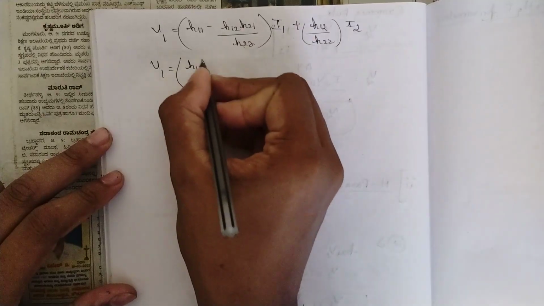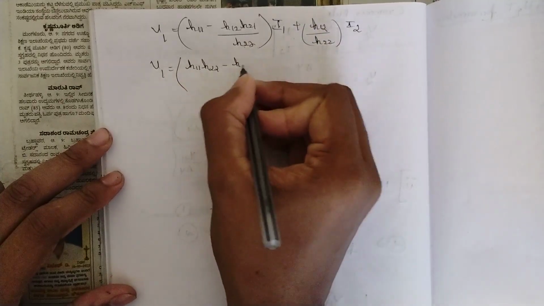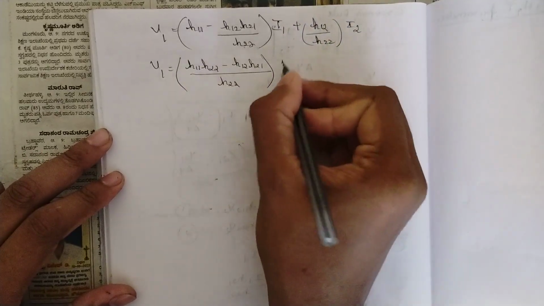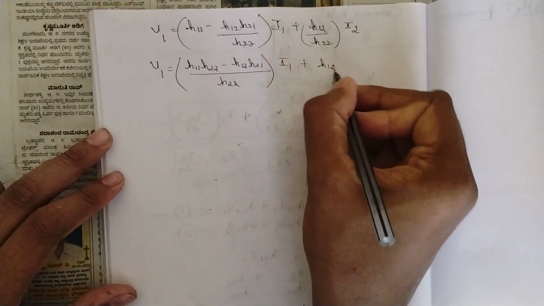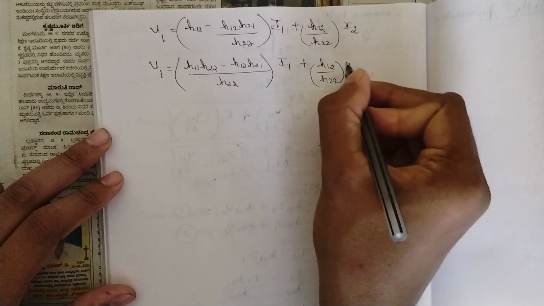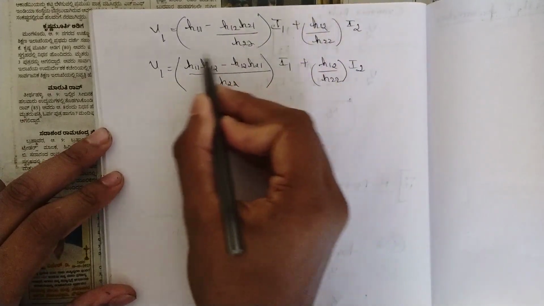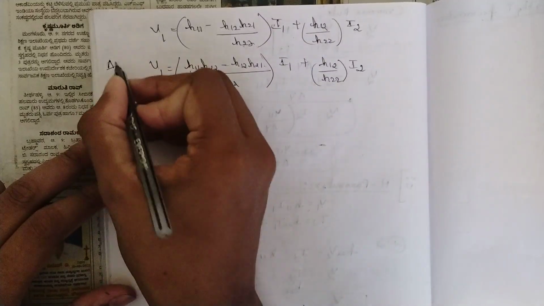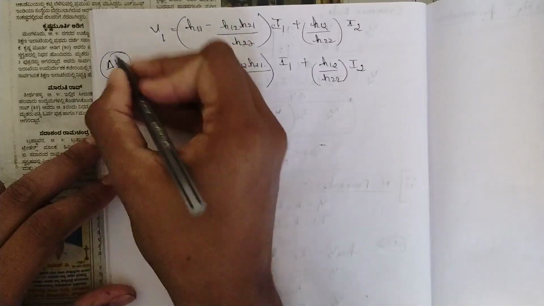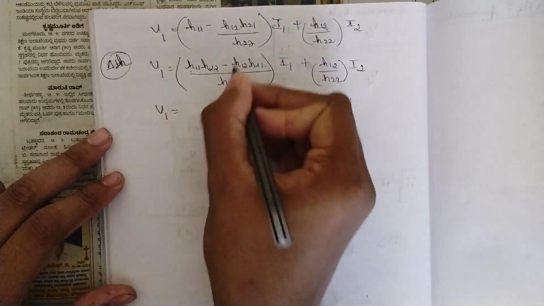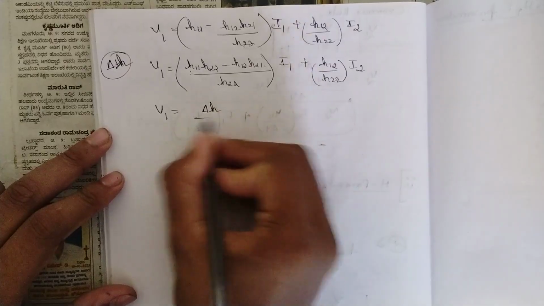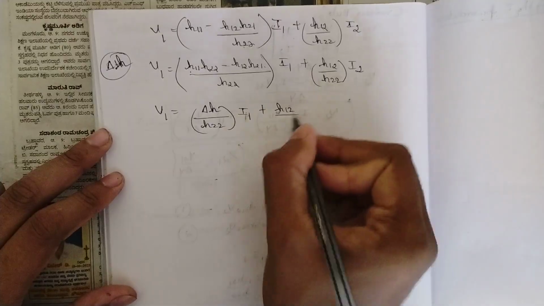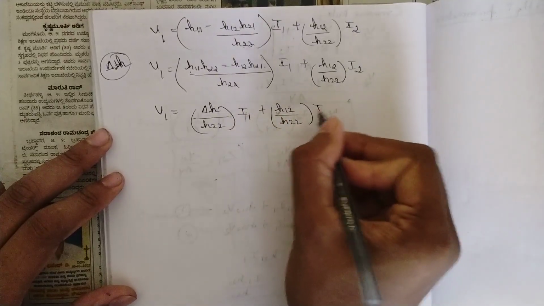What would we be getting? H11 H22 minus H12 H21, the whole divided by H22, into I1 plus H12 divided by H22 into I2. If you observe this carefully, what is this term here? H11 H22 minus H12 H21 is equal to delta H. So we can directly replace the numerator by delta H divided by H22 into I1 plus H12 by H22 into I2.